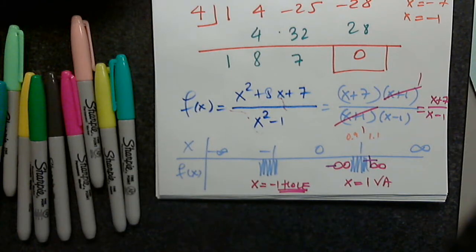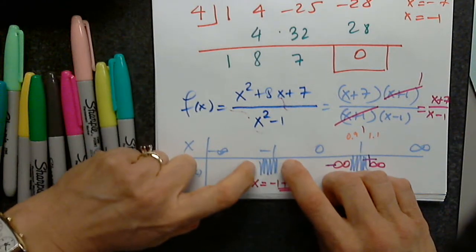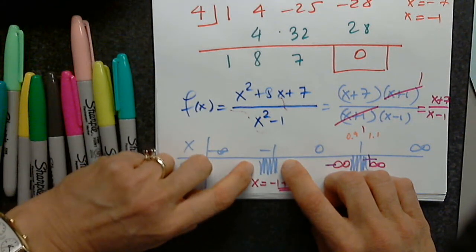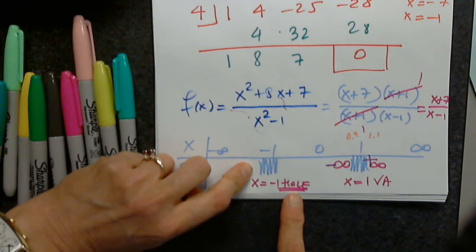There is only one. Now, I also have to write something here, but I cannot write infinities, because this is a hole in the graph.